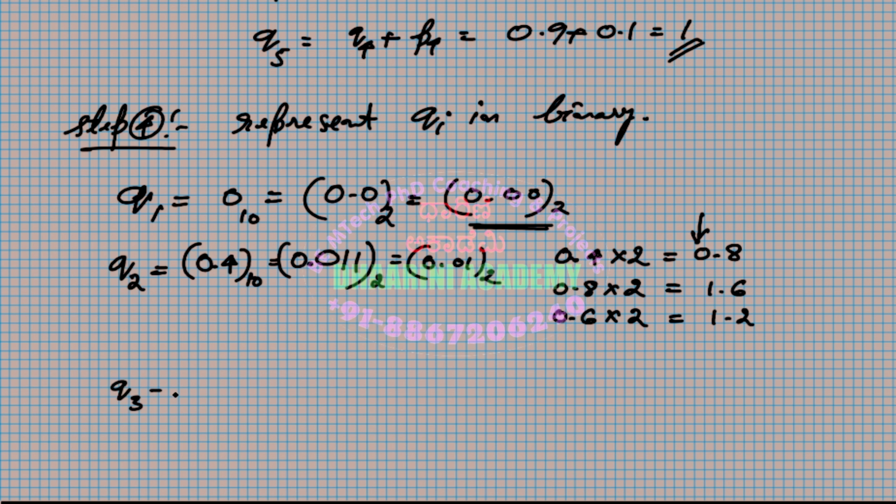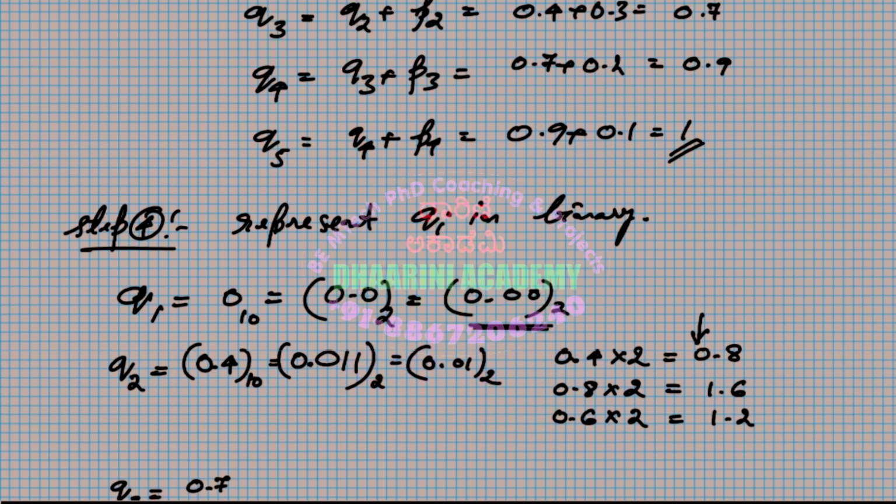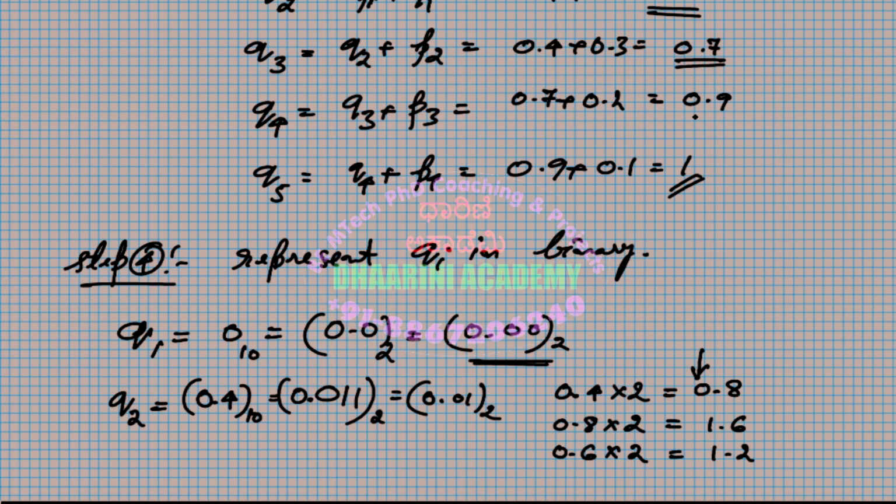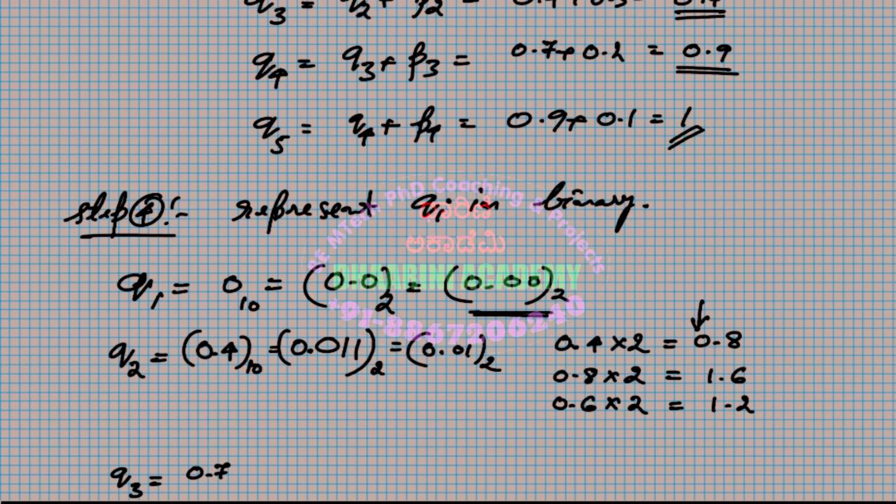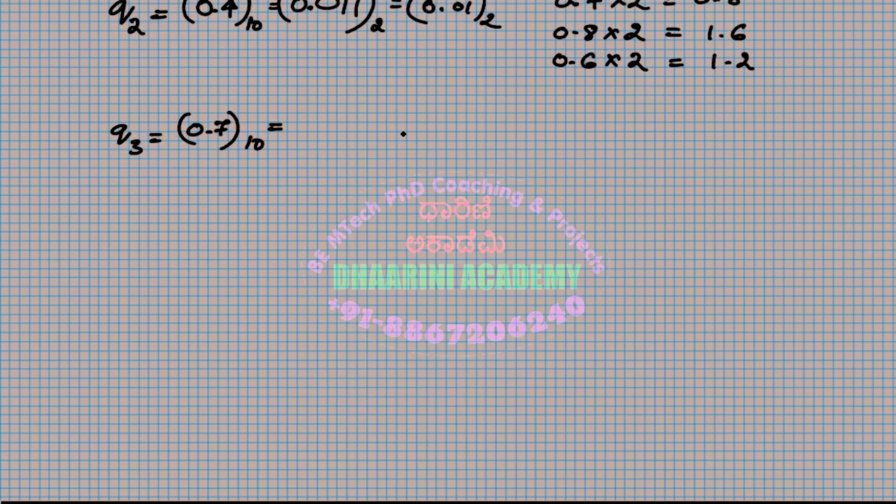Okay, so Q3 is equal to 0.7. For whatever Q1, Q2, Q3, Q4, I have to deal with those probabilities. So 0.7 is again to the base 10. How should I proceed? I'll write the 0 point as usual. 0.7 into 2 is 1.4. I have 1 over there, so 1 comes here.